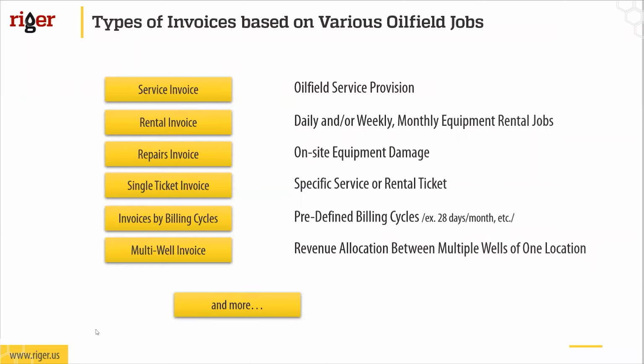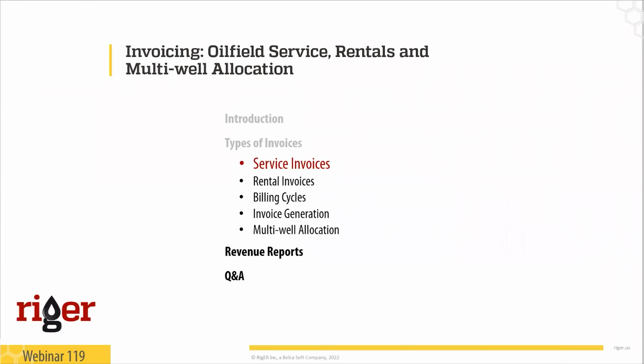And at the end of the day, we might need to split the revenue between those wells and either evenly or allocated by portions. Okay, so let's go into a little bit more detail and discuss each case with a little bit more presentation.